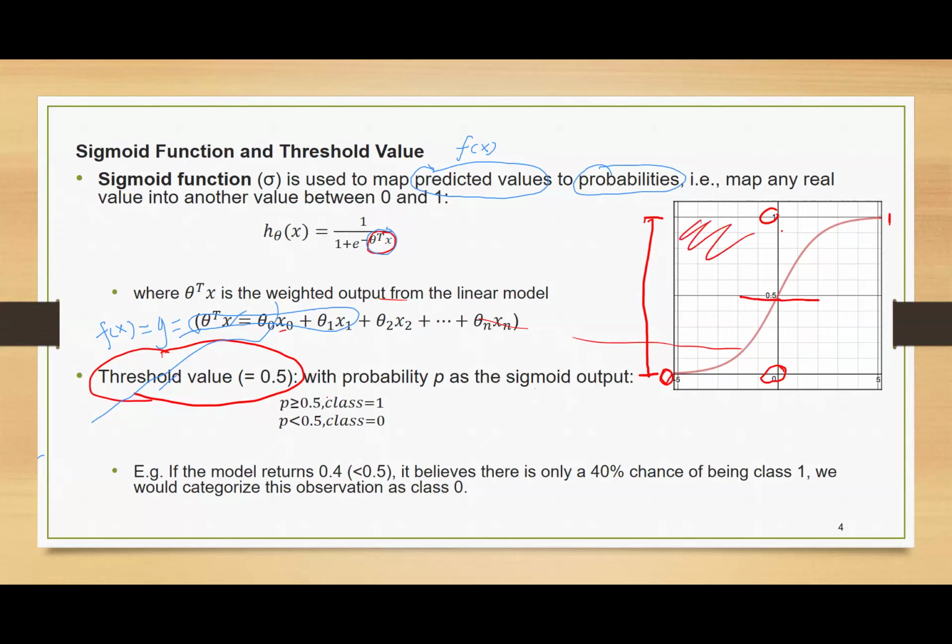So all this part will be treated as class 1, and this part will be treated as class 0. Logistic regression is used to solve binary classification, so we only have 2 classes in this problem. It can either be 0 or 1, and that's why we divide it into 2 regions. According to the threshold and the probability, we can decide which class the input belongs to.